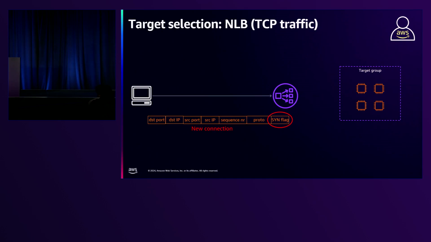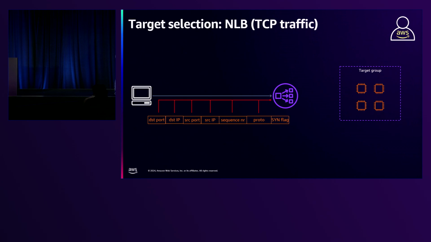When NLB is used with TCP listeners, the target selection is performed when a new connection is established. When this traffic arrives at the network load balancer, a 6-tuple is going to be extracted from the TCP and IP header. This 6-tuple will be the input parameter of a flow hash algorithm, which is the routing algorithm used by the network load balancer to select a target behind and then to forward traffic to it.